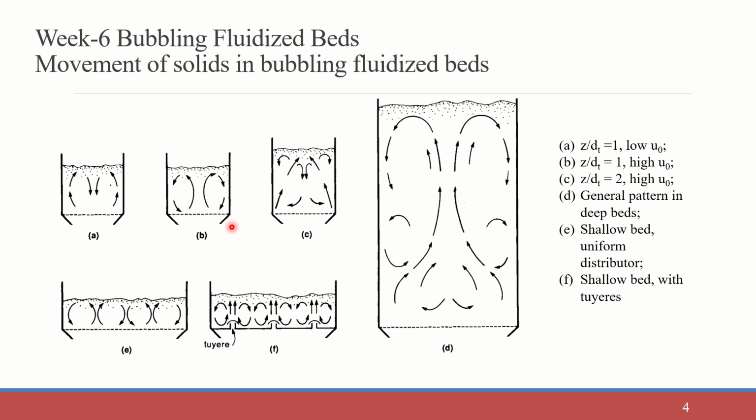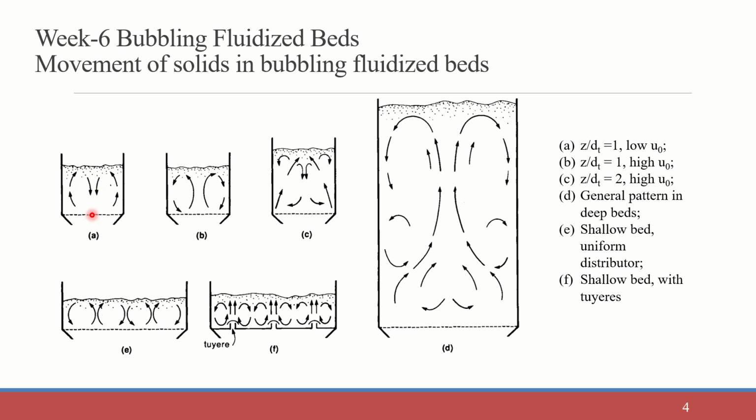Why do we need to study the bubbling fluidized beds? Because the movement of solids is different in the bubbling fluidized beds. For example, if you see the flow pattern of movement of solids inside the bubbling fluidized beds, it is different in terms of the way in which they go. And also this particular thing depends on the aspect ratio of the bed.